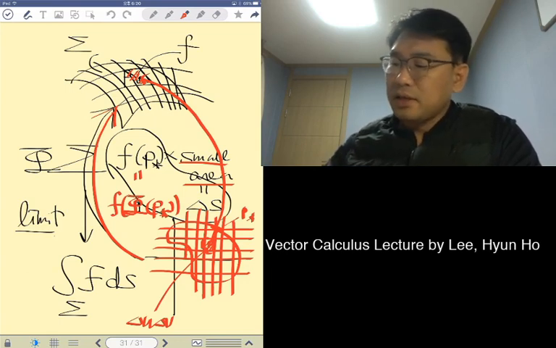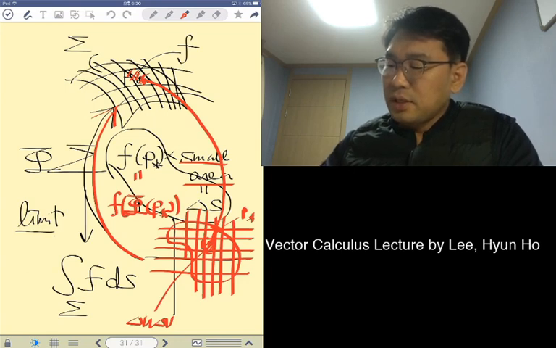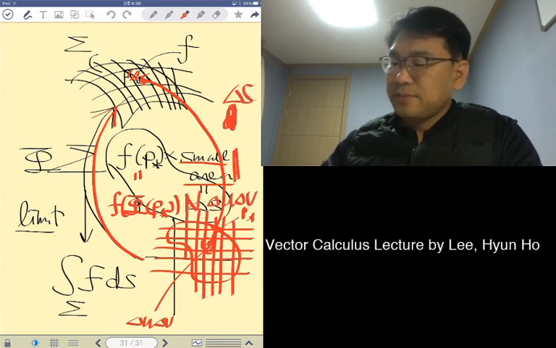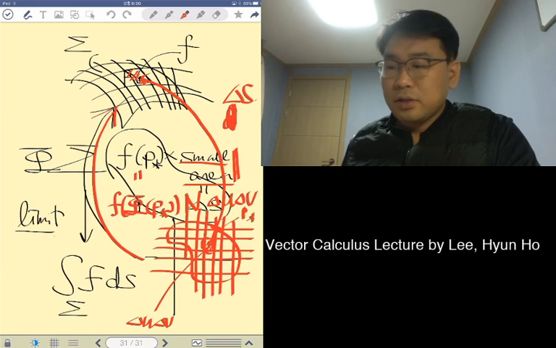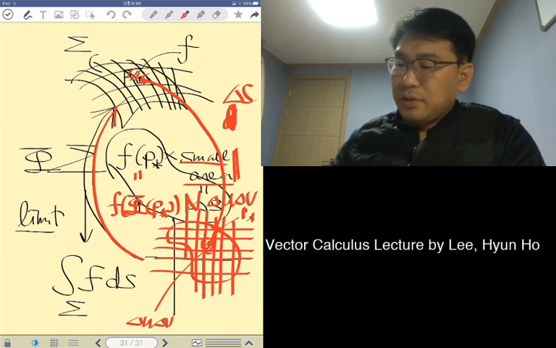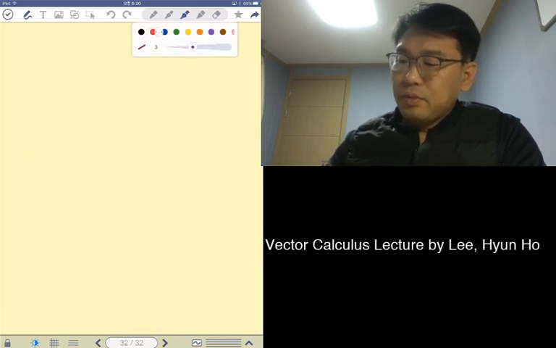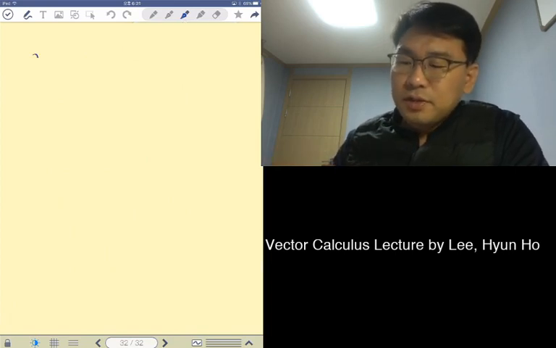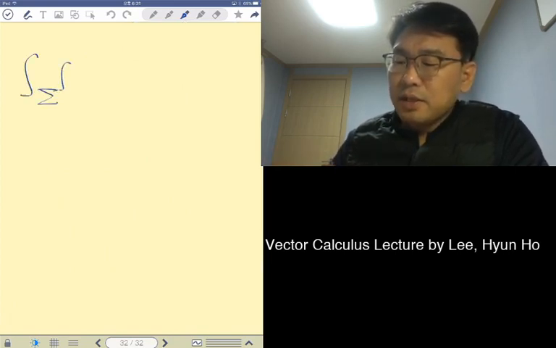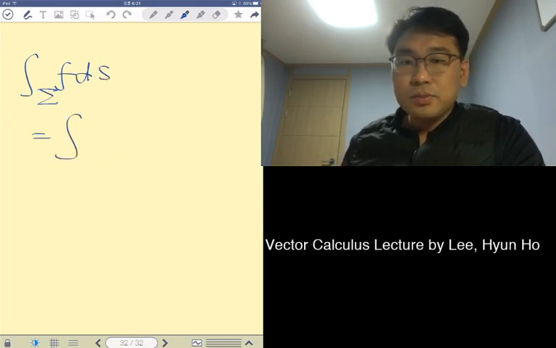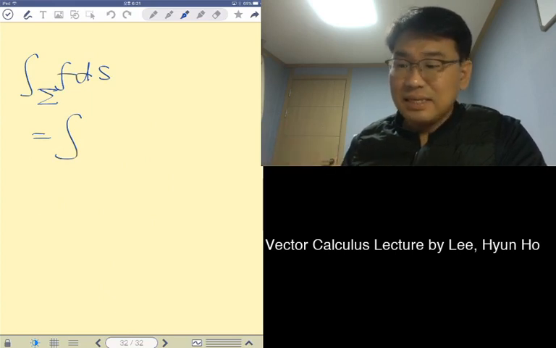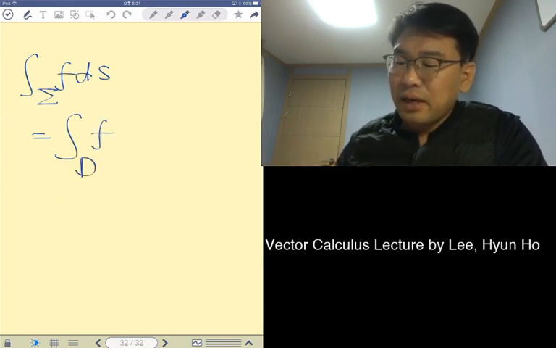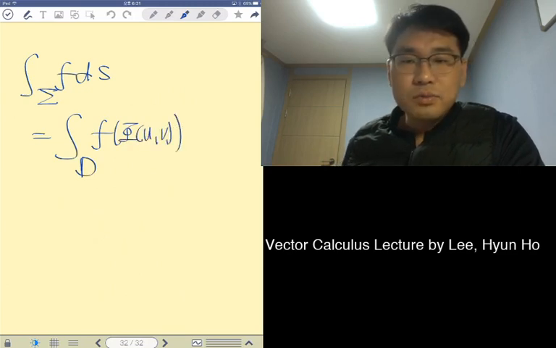So the surface integral of f dS becomes an integral over the domain D of f of phi(u, v) times the size of N du dv.